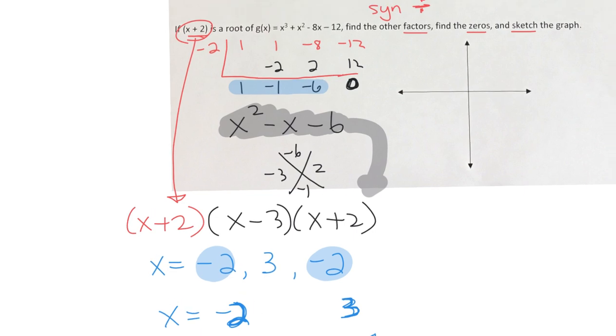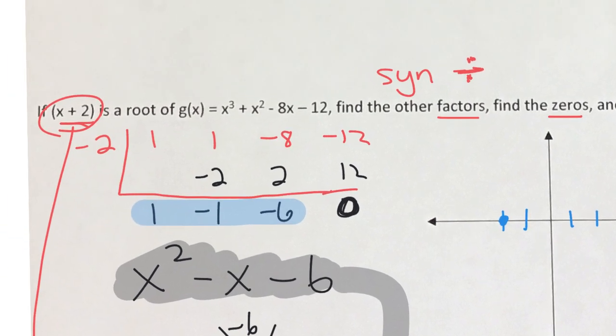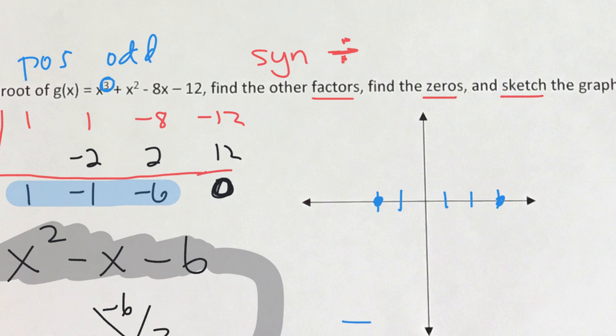So when we come to our graph, -2 is right here, and +3 is right here. Those are both zeros. We have a positive odd polynomial. It has a +3, there's no minus, which means it's a positive, and our highest power is odd. So that means it's going to start in the third quadrant and end up here in the first quadrant. Those are the end behaviors.